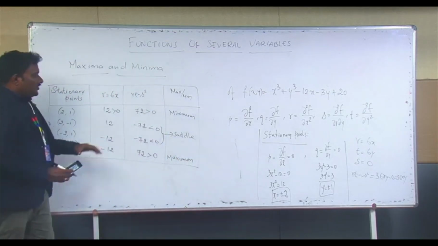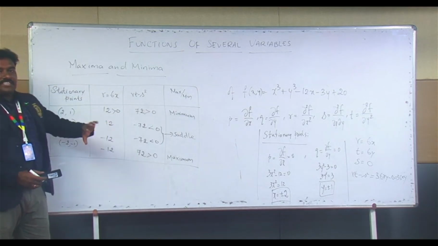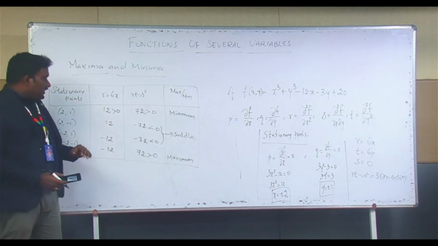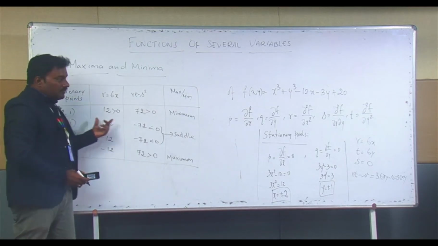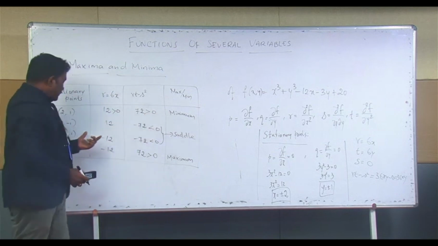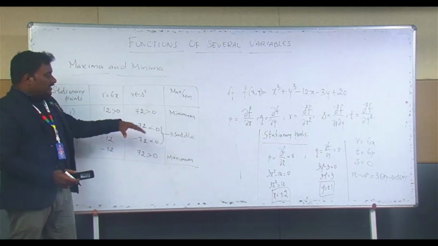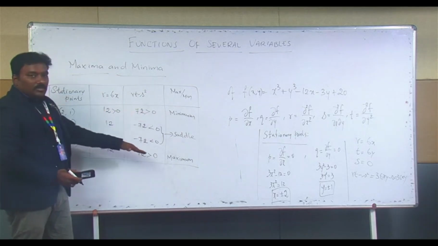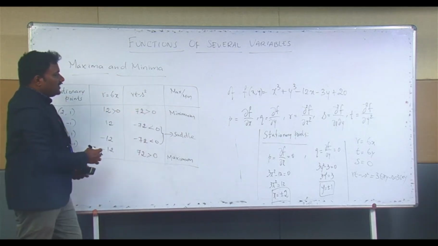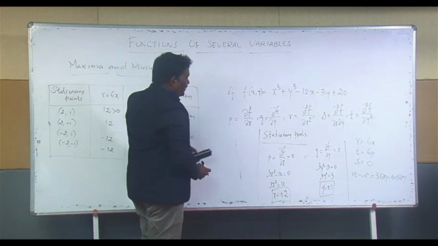So now we got the points at which we will get a minimum or a maximum, right. Here this (2, 1) will give you a minimum value and this (minus 2, minus 1) will give you a maximum value. If you want to find the values of this minimum value and maximum value, we have to replace in the given function f of x comma y.